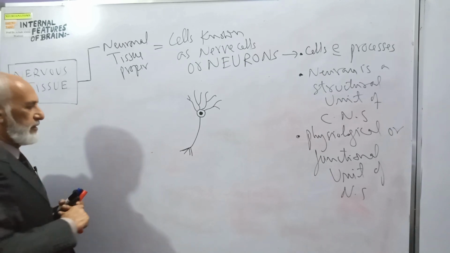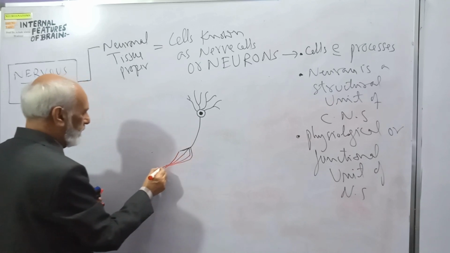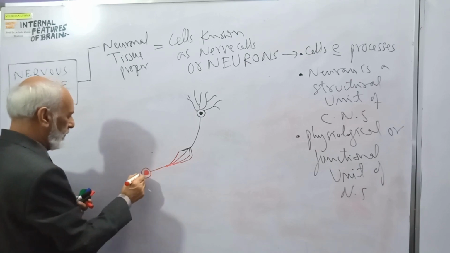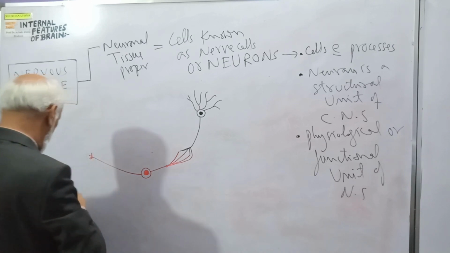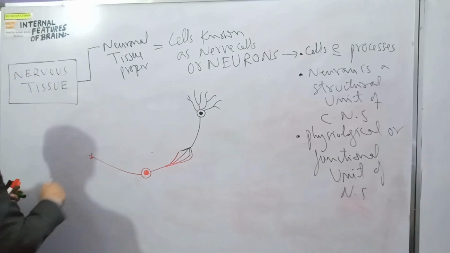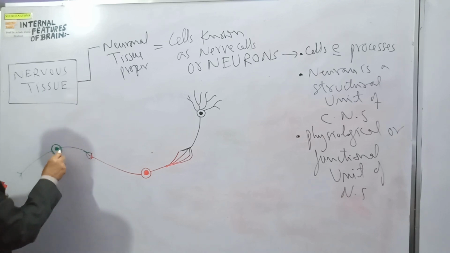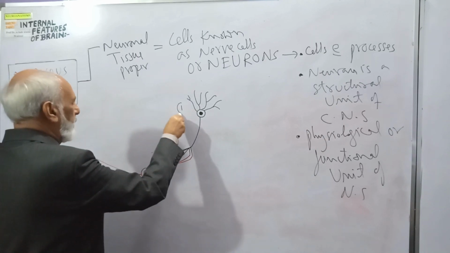Now, physiological unit is the chain of neurons. Now you can see in this figure, I have shown 3 neurons.